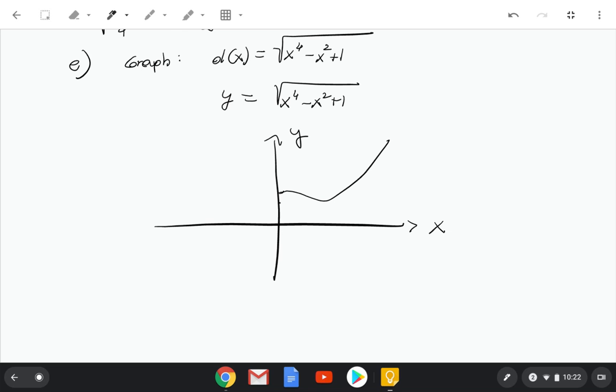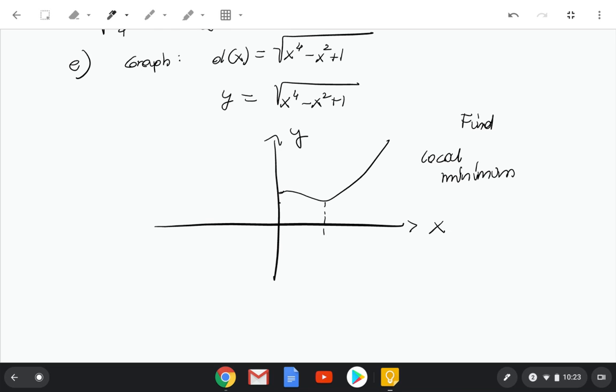They will ask you to graph the function square root of x to the 4 minus x squared plus 1, and round to 2 decimal places, find the values of x for which d has a local minimum. Technically your local minimum is right here.